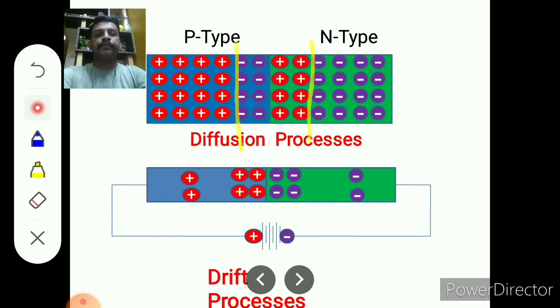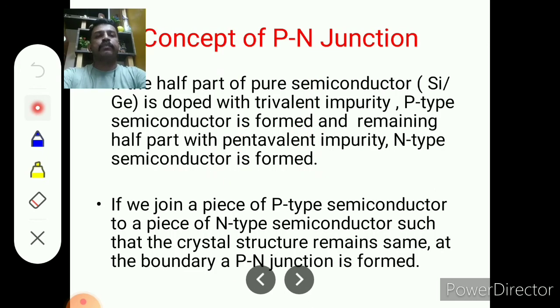In this way, from the power supply, the charge carriers come into the p-type and n-type semiconductor. Such a process is known as the drift process.